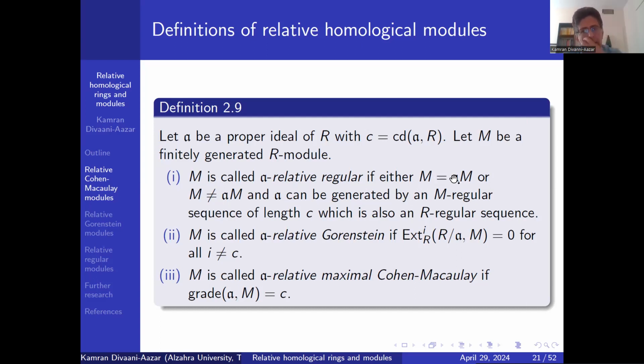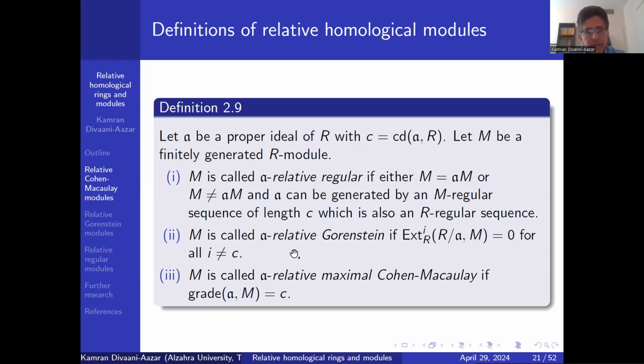Either M is AM, or M is different from AM and we have C elements X1, X2, up to XC, which generate A, and X1 up to XC is both an M regular sequence and an R regular sequence. So this is the definition of relative regular modules.